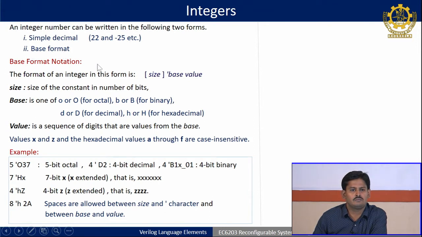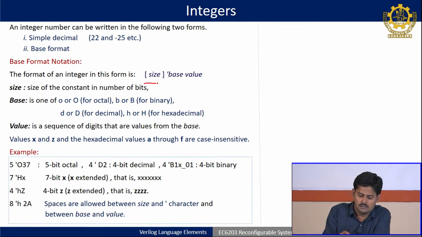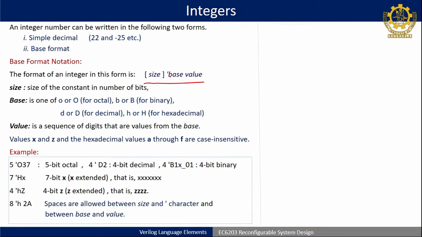In base format notation we use this one: size in square brackets, then a tick, base, then the value. You can just see this one, we have seen these examples, like here the size indicated is 5. So, it shows that it is 5 bit. Okay. So, tick and O indicate the base. Here we have written the size of the constant in number of bits.